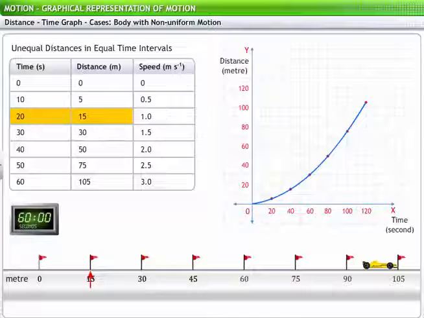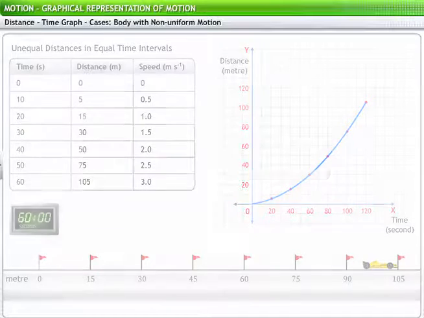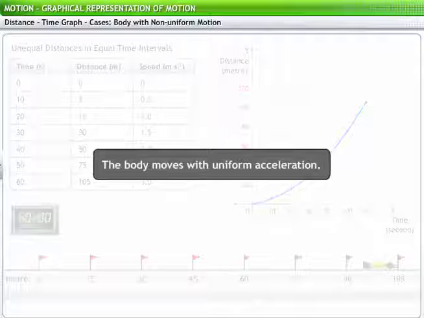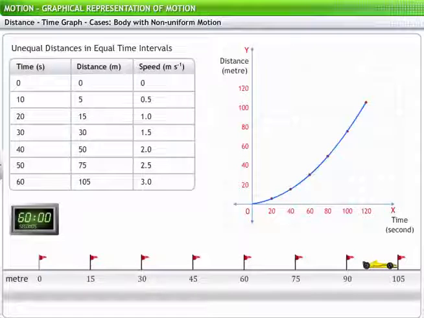Hence, the speed of the body during the second 10-second interval is 1 meter per second. We observe that the speed of the body increased with time at a constant rate. Hence, we can say that the body moves with uniform acceleration. Thus, for a body with uniformly accelerated motion, the distance-time graph is in shape of a parabola.